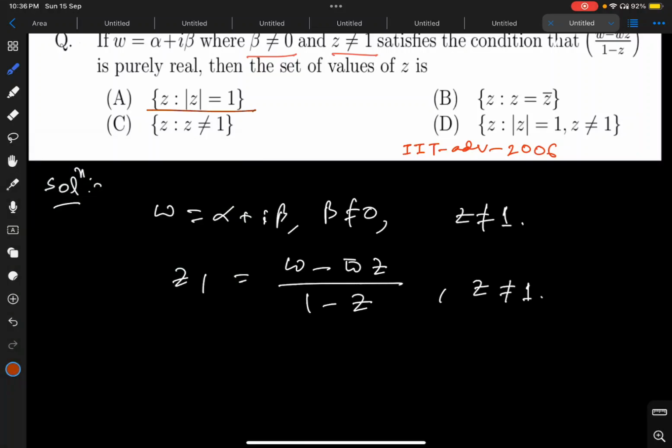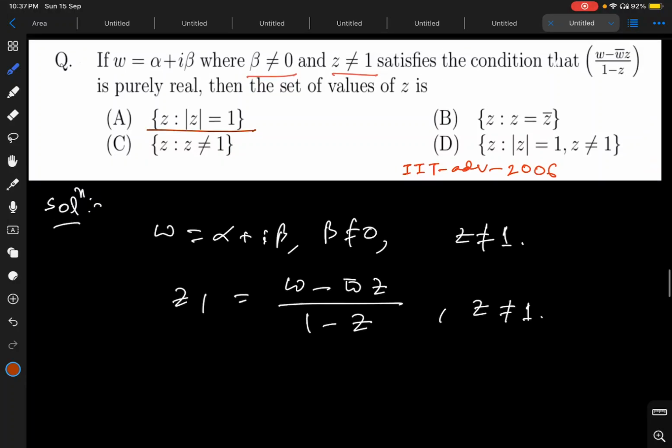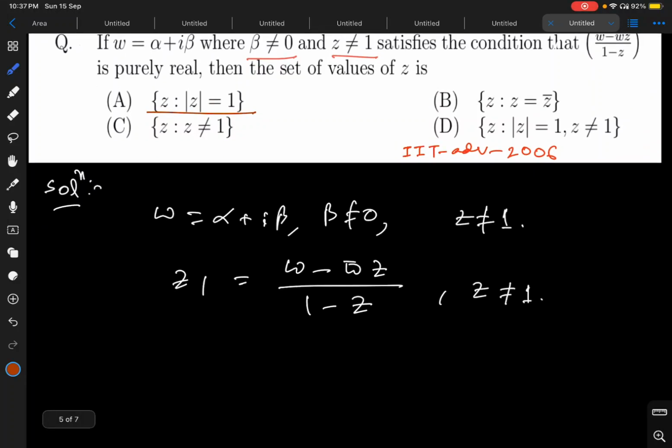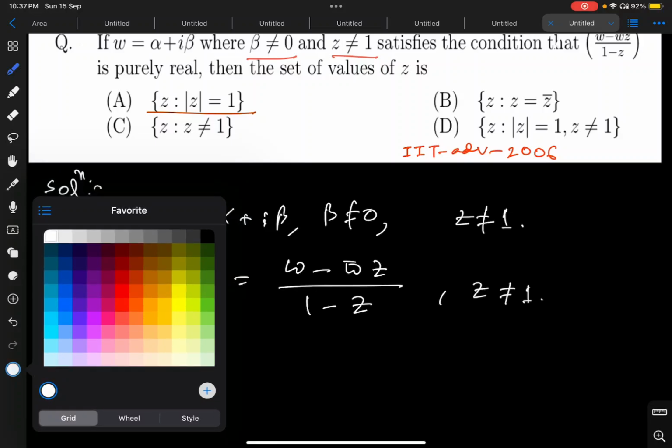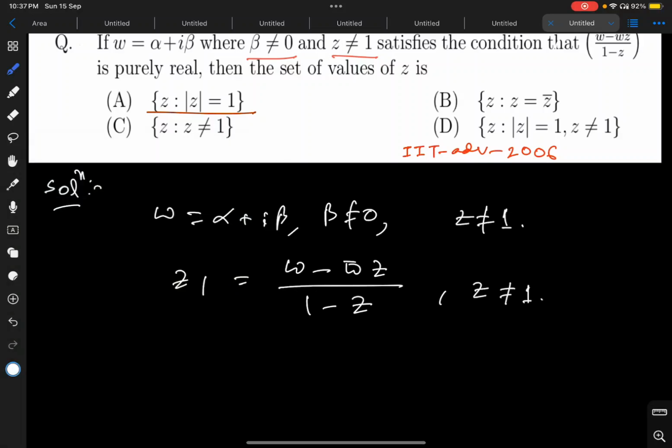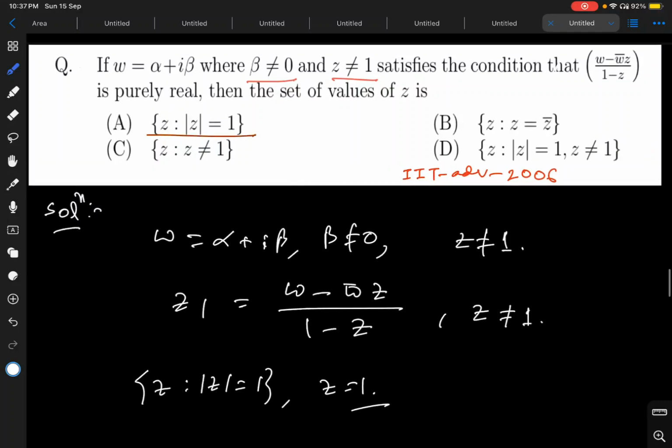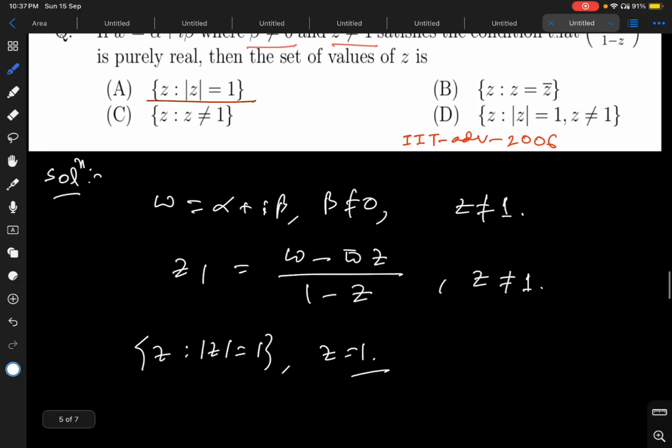Okay, so this is option A. We can eliminate this option from our choices, because this set, mod z equal to 1, contains the number z equal to 1, which is excluded from the statement.